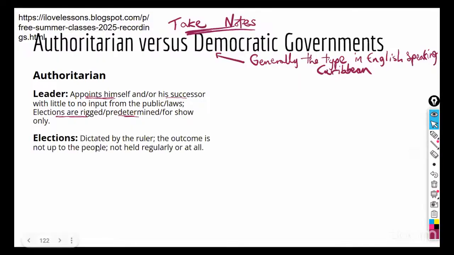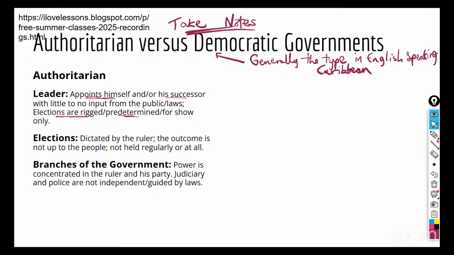All right, what happens with elections? It's dictated by the ruler. So nobody knows when it's going to happen, but they definitely know what the outcome will be, right? So they're not held regularly, they're not held at all, or when they are held, the outcome is, like we said, predetermined, right? The branches of the government. So when we study the branches of the government just now in about 5 minutes, we will see that we try to keep them separate.